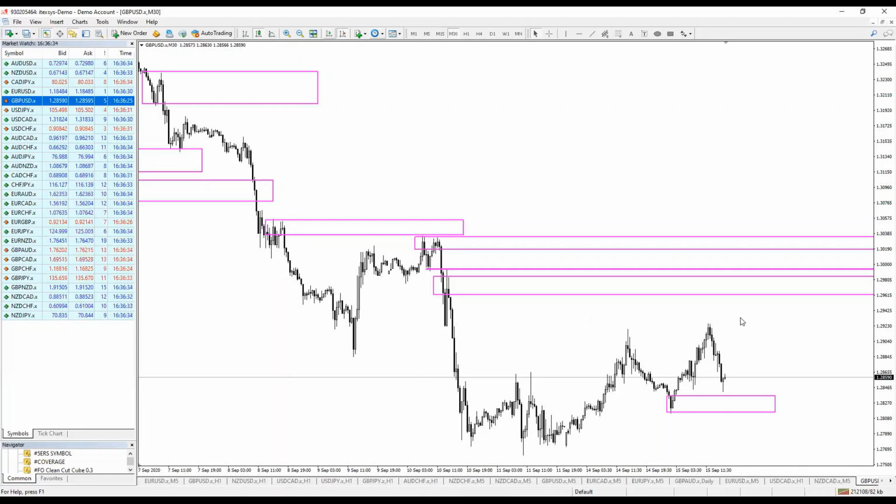I urge you to practice this, go on demo charts and mark decision points, mark the top of the price action, then scroll to the right and see what were the consequences of the areas that you've marked and how much potential there was.